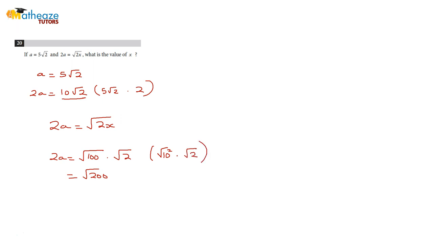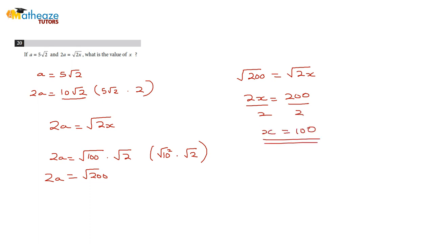So we have the square root of 200 is 2a. Now, the square root of 200 is equal to the square root of 2x. So 2x is equal to 200. We divide both sides by 2, and we have x is equal to 100. So that's how you solve this question.